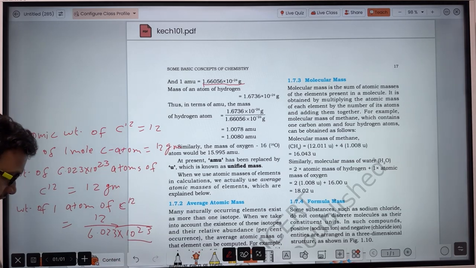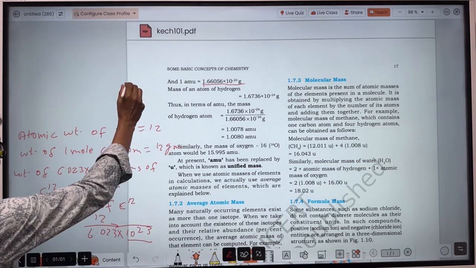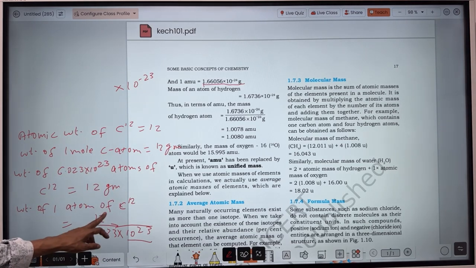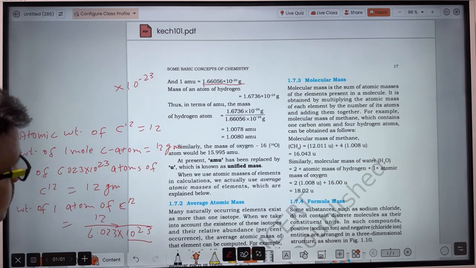Here 10 to the power 23 will become 10 to the power minus 23. Now 12 divided by 6.023 is how much? 1.66. So when you calculate, you will get that.